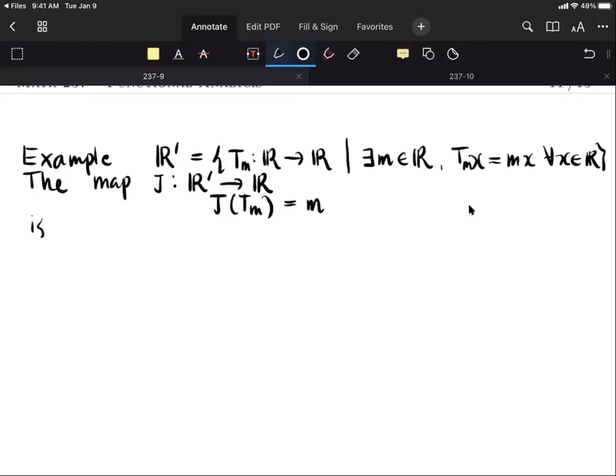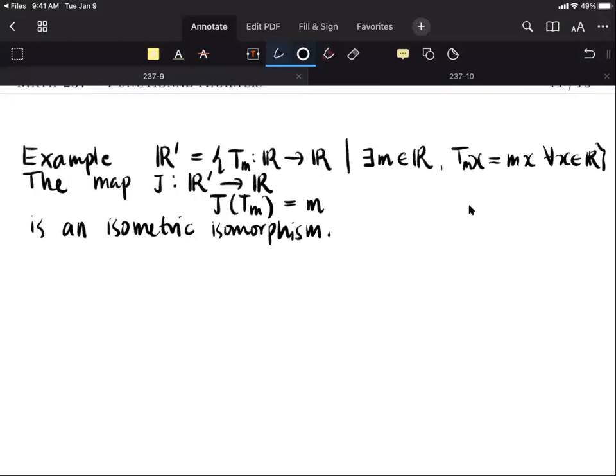This one is an isometric isomorphism. So one can easily check that the norm of T sub m is equal to the absolute value of m, and therefore this is an isometry, and it's clear that this map is surjective. Since an isometry is always injective, therefore J is an isomorphism.